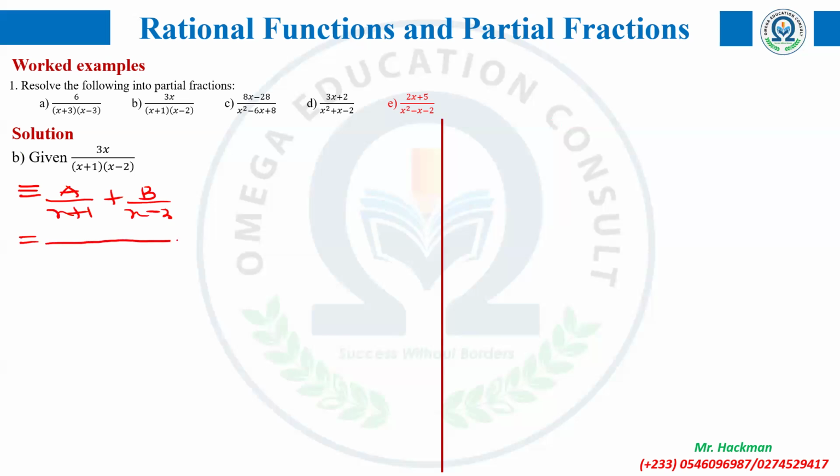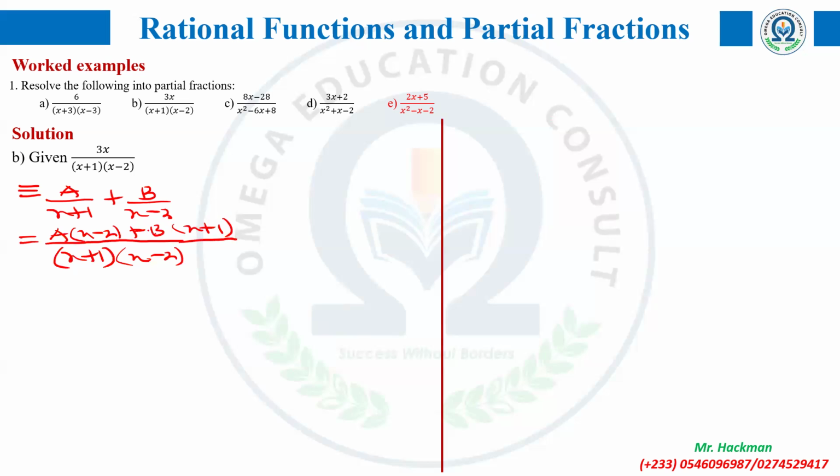Remember, at the point where you introduce your letters, that's where the identity symbol will be. After that, equal to all the way. So this will give us (x plus 1)(x minus 2) as our LCM. This goes here: x minus 2 times a, so it will be a into (x minus 2), then plus b into (x plus 1).